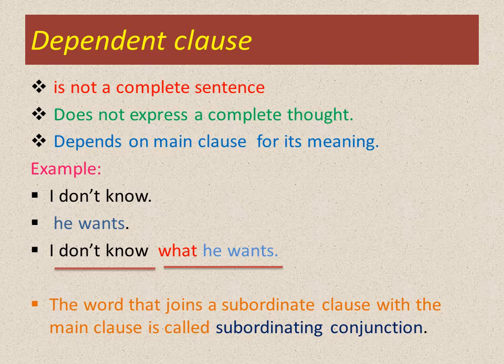Okay, here we have to remember one point. In spoken form, naturally we don't use subordinating conjunctions, but in written form, we must use the subordinating conjunctions to join a subordinate clause with a main clause.